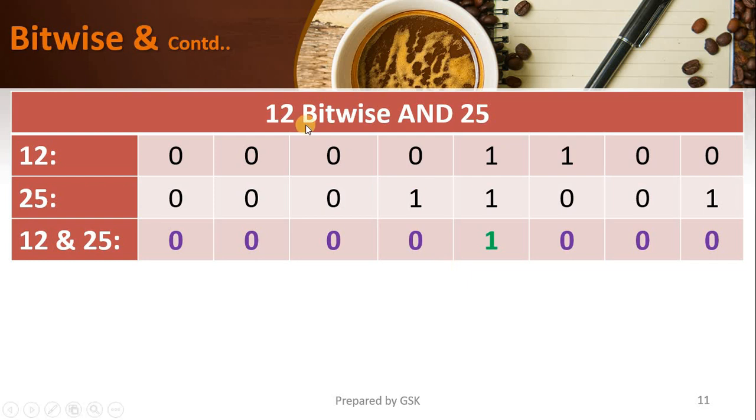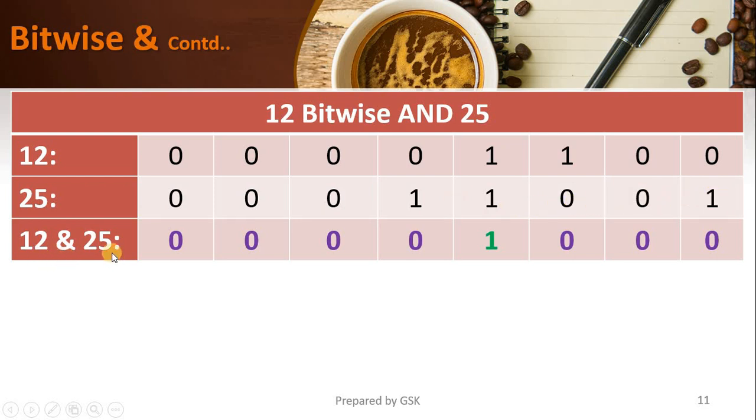See this example. We have two input values, 12 and 25. Let us try to find 12 bitwise AND 25. As we discussed already, when we are working with decimal values, internally the decimal value is first converted into binary values. This is the equivalent binary value for 12, and for 25, this is the equivalent binary value.